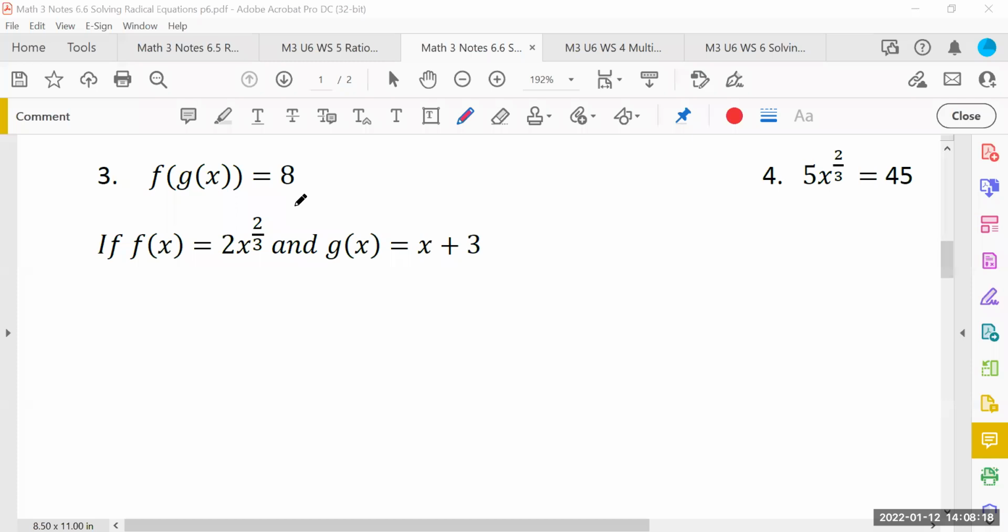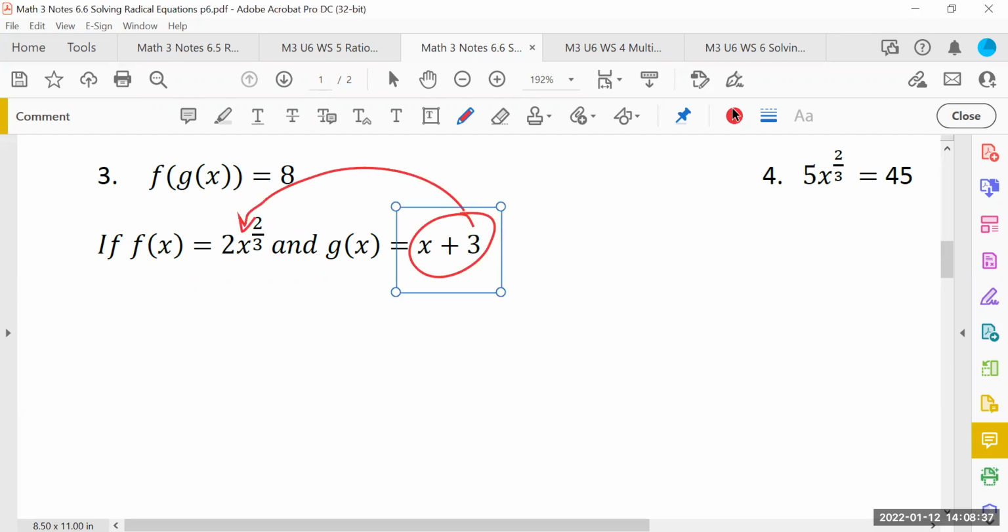Number 3 has us put together our equation like we did last semester. Again, our nice reminder of how to do function notation. So function notation here, f of g of x, I'm going to put one inside the other. So that means here, x plus 3 goes inside for x there.